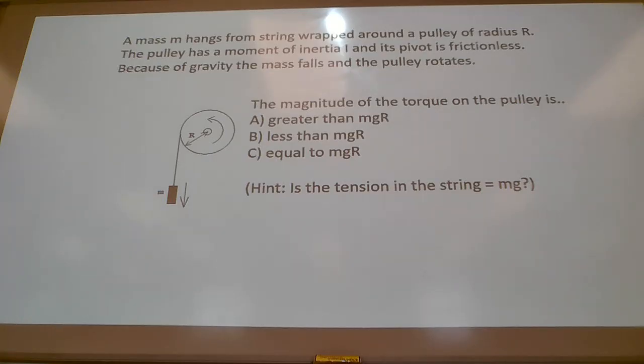Okay, so it has to be less than, right? Why? Because you know it's accelerating downwards. That means the tension has to be less than that, right? Or, wait, I might be wrong. If it's accelerating downwards, that means the sum of your forces are not equal. Wait, I need to write this out. Tension minus, it's accelerated downwards, right? Because of gravity, the mass falls and the pulley rotates.